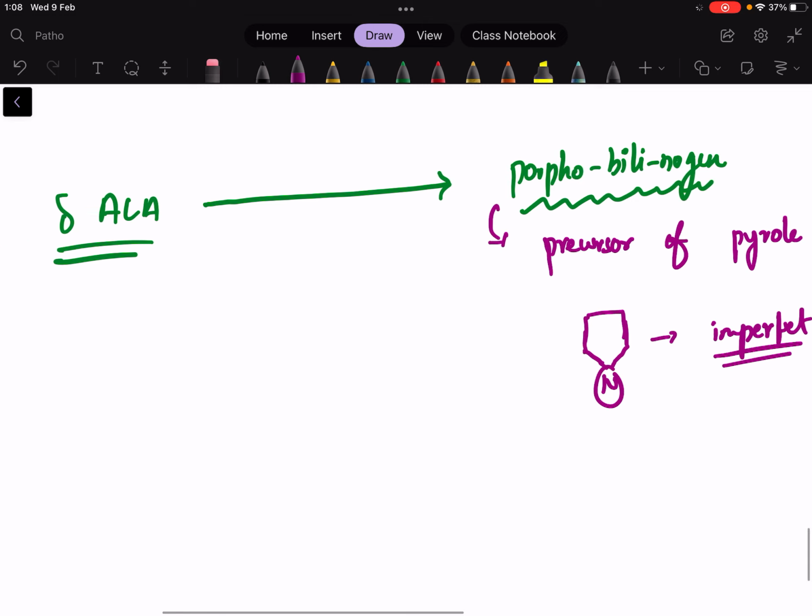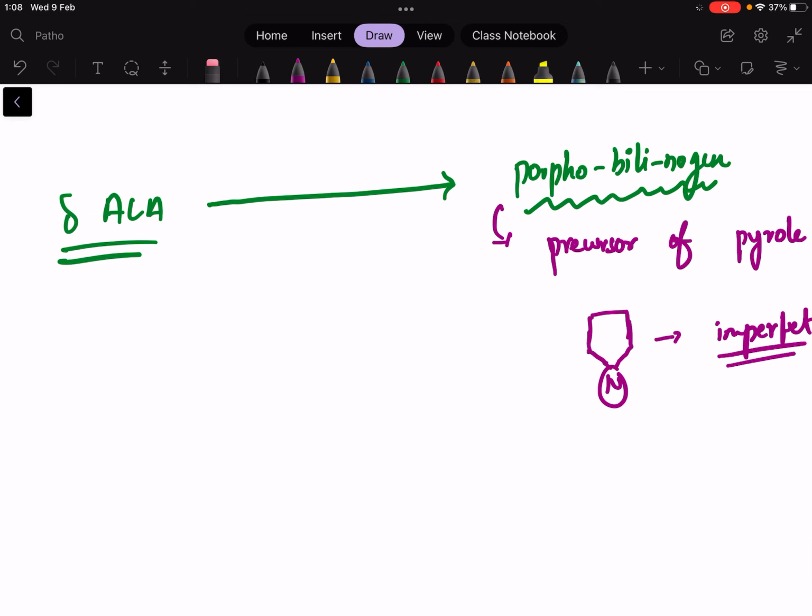Okay, so what is the enzyme here responsible for converting ALA into porphobilinogen? And here there is water gets kicked out during this reaction. It means there is a dehydration going to happen to ALA.